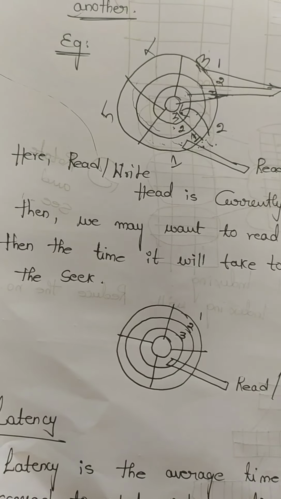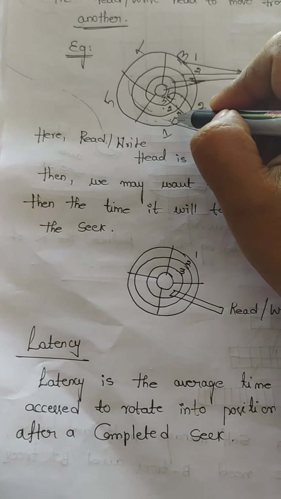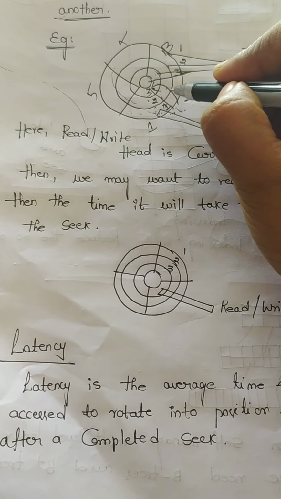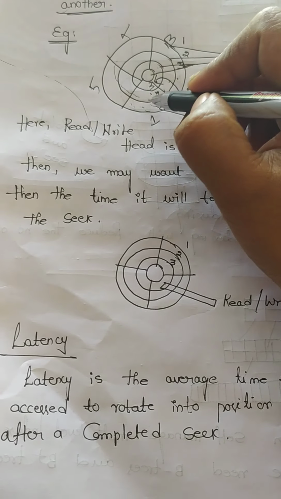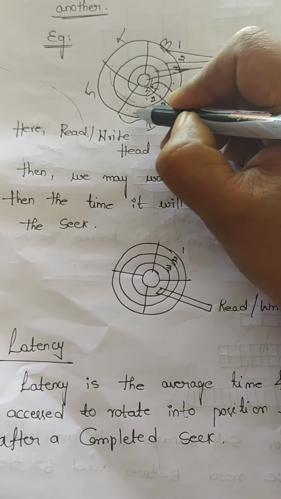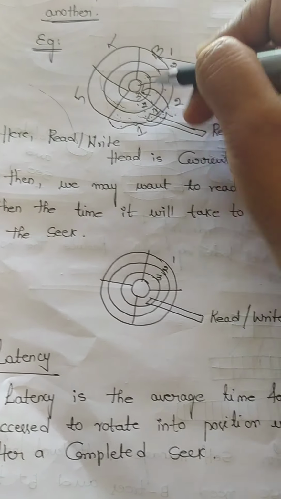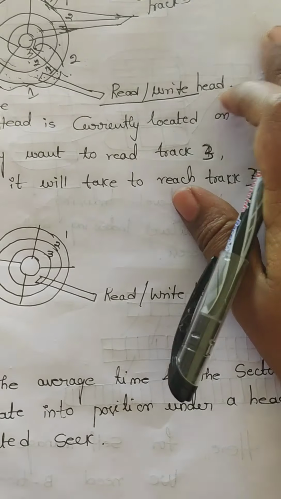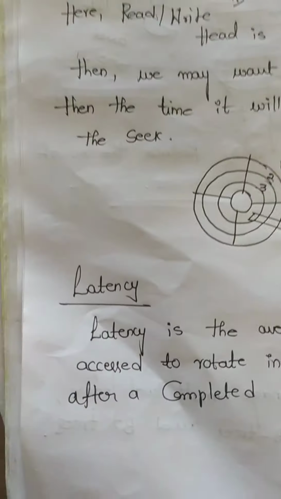So the average time taken for the sector rotation, from one sector to another sector, for the position of the read and write head, is called latency.